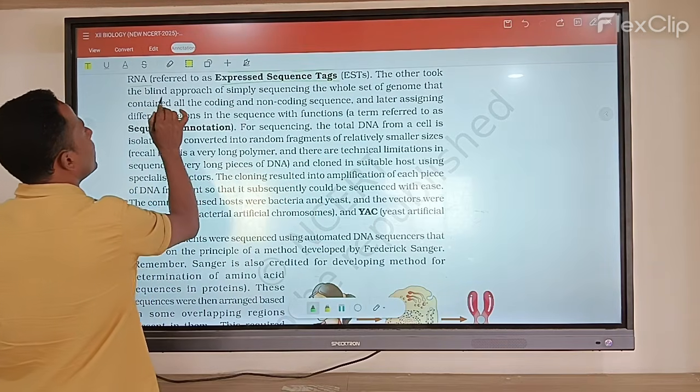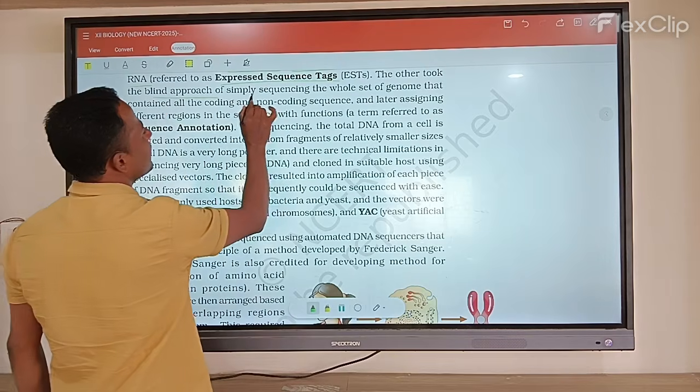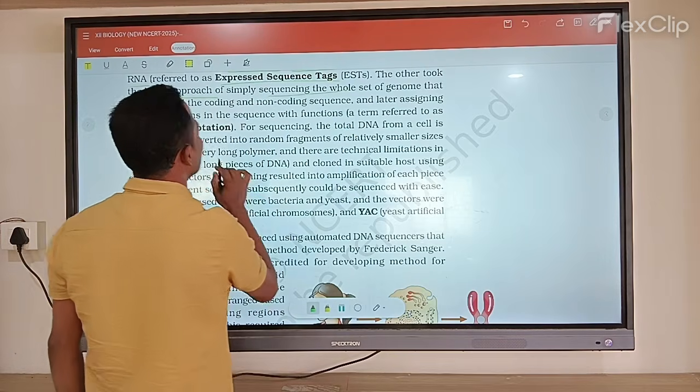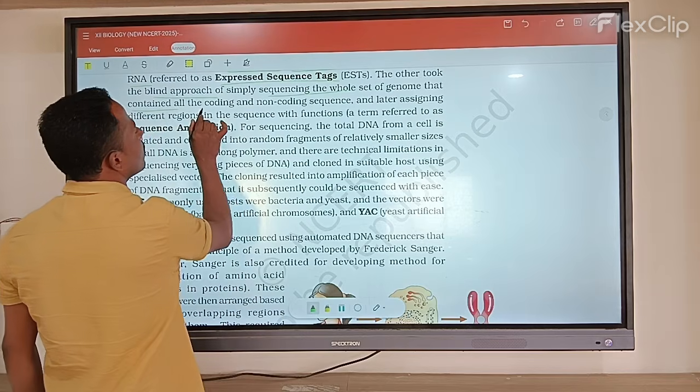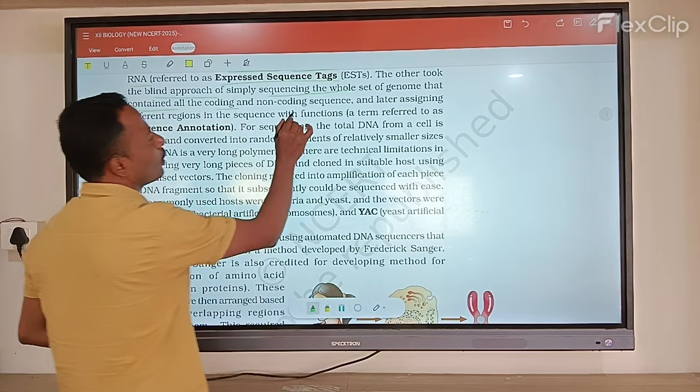The other takes the blind approach, simply sequencing the whole genome that contains all the coding and non-coding sequences.